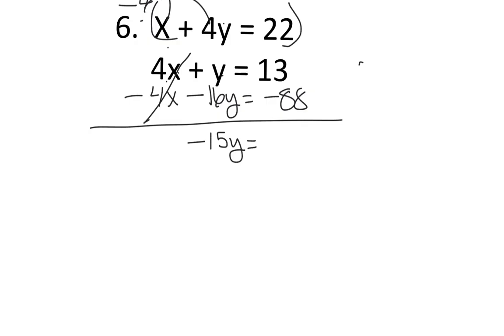And negative 88 plus 13 is negative 75. If I divide by negative 15, let's see, we're going to get, what, 5?